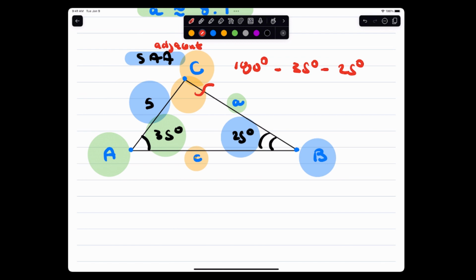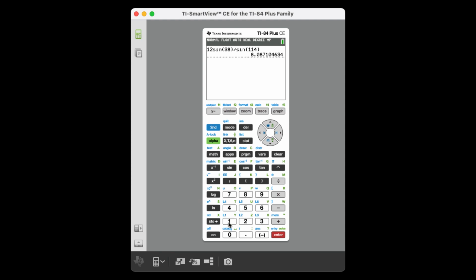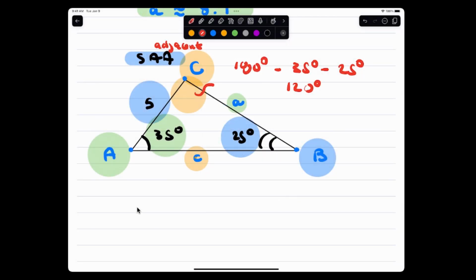Do you guys remember that statement? 180 minus what? 35 minus what? 25. And what do you get? 120. So ladies and gentlemen, this measures what? 120 degrees. So we found that angle.